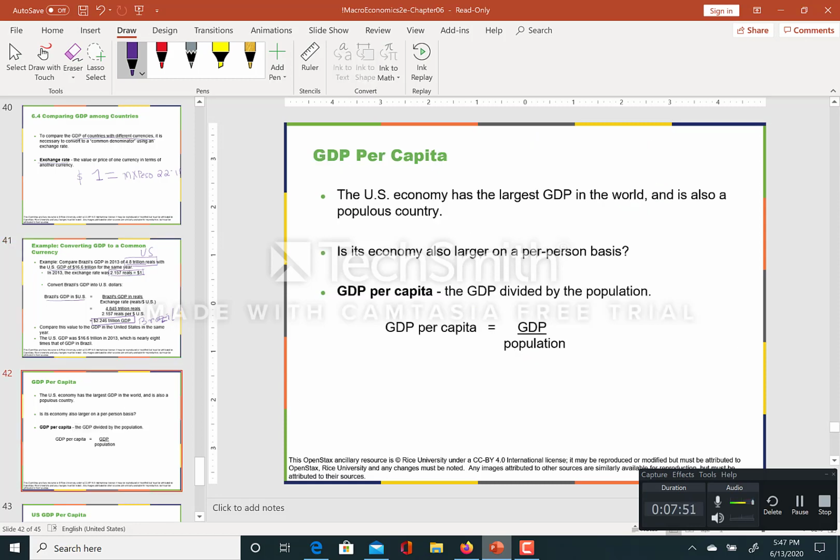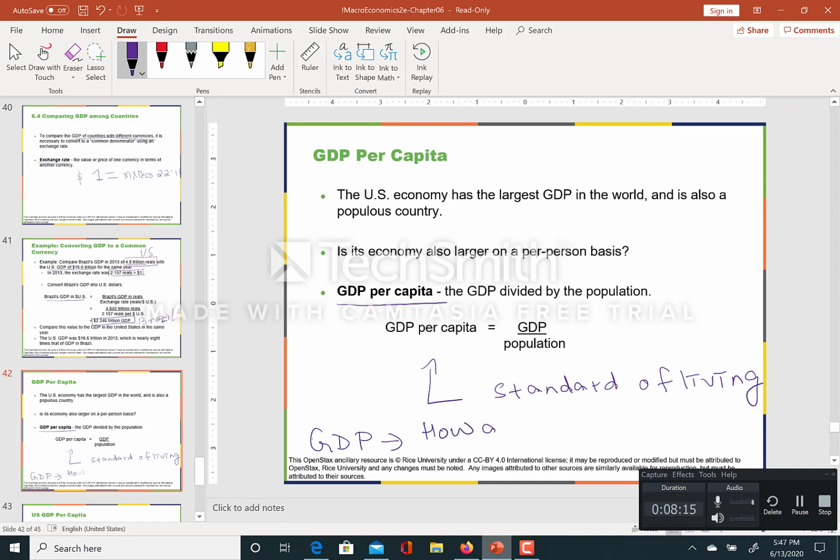Another measure that I have here is GDP per capita, or GDP per person. GDP per capita shows me the standard of living of the people in an economy as a whole, and GDP shows me how an economy is doing.